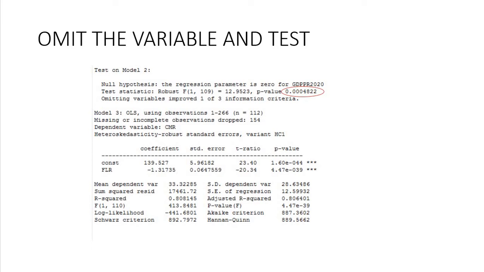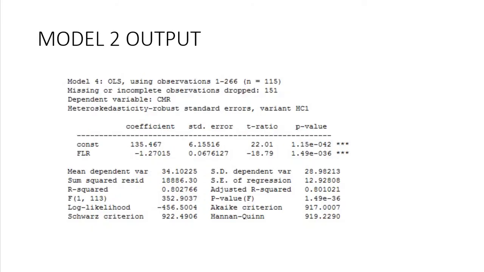So basically it means that this statement is not true, and the alternative hypothesis, which says that for GDP per capita 2000 the value of the parameter is different from 0, is true. So here you can just see the output of the restricted model. You're going to need it a bit later.